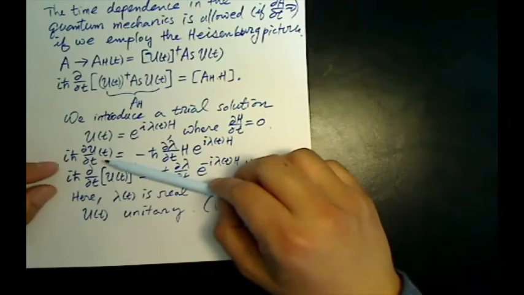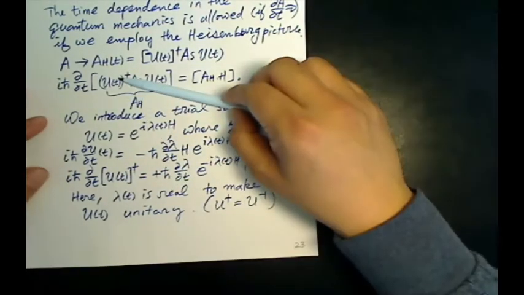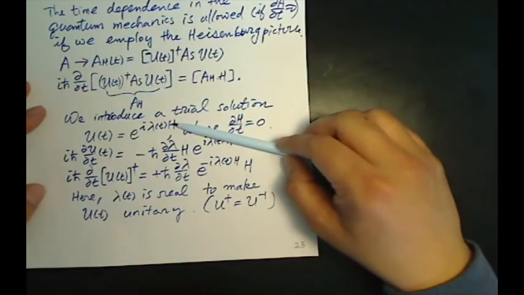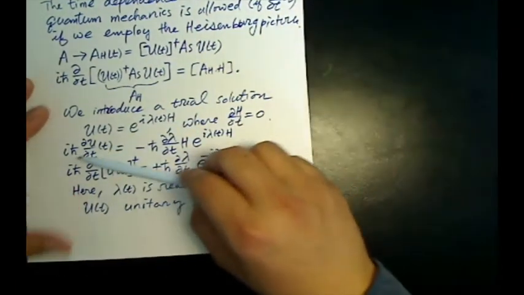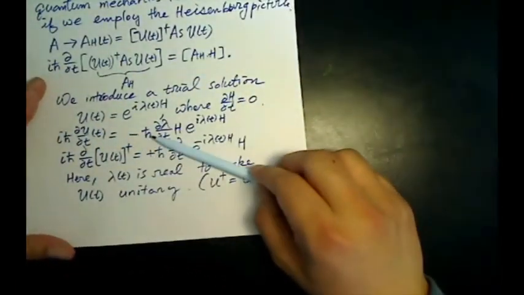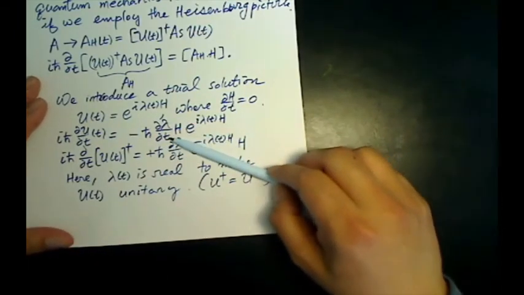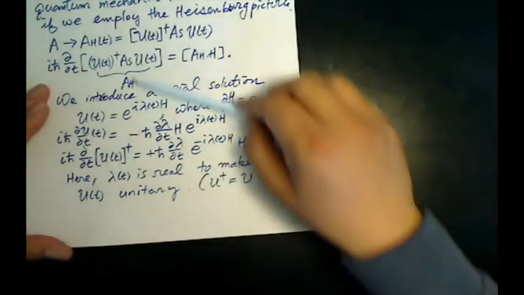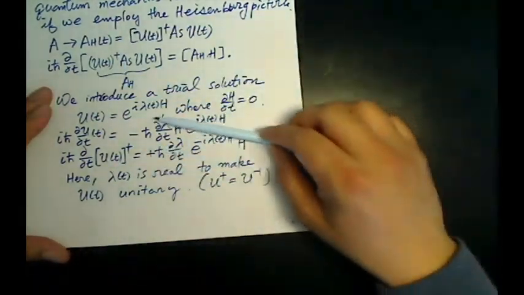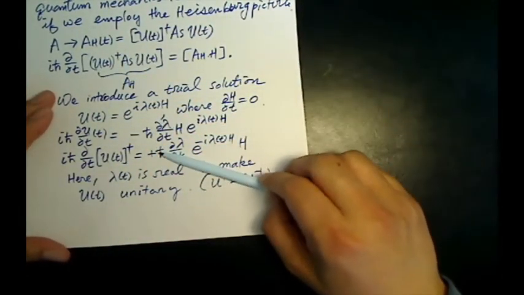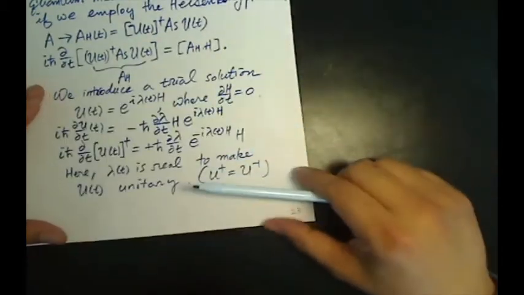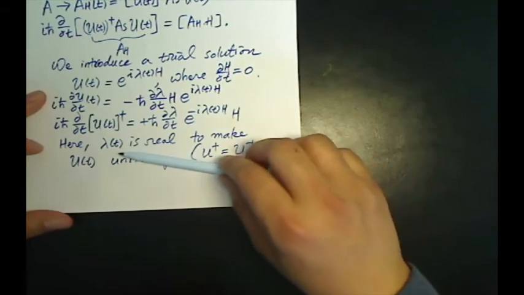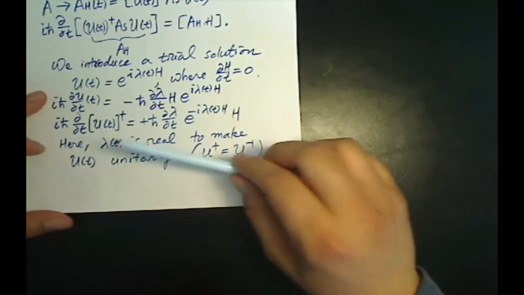Thus, if we substitute this one in here, we have i lambda here. Therefore, the derivative gives minus h bar, lambda's time derivative, Hamiltonian, and this. Its dagger has the same, except that we have a negative sign. Remember that because U is unitary, we have to choose lambda to be a real number.